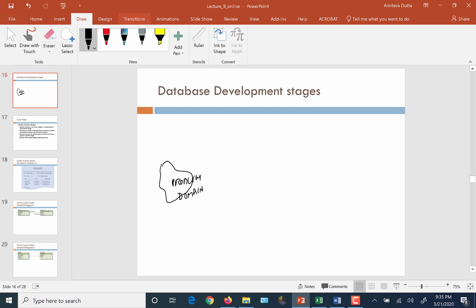So the first stage is you examine the problem domains, understand it, and then the first stage is get the requirements.